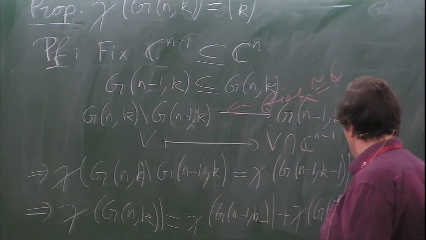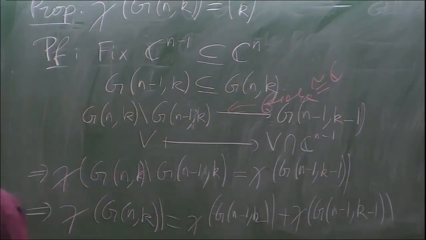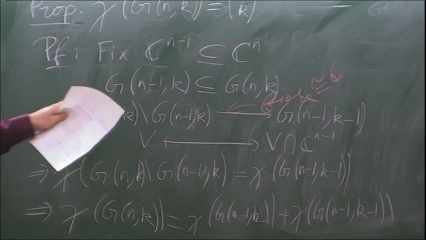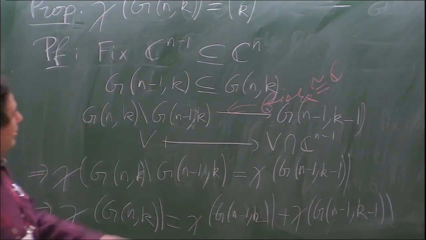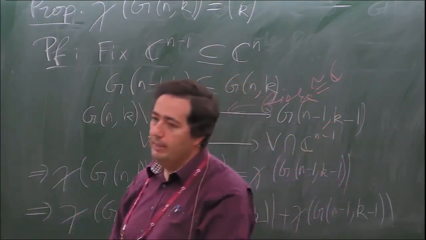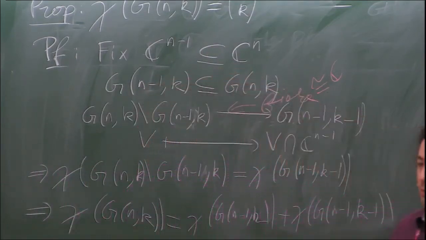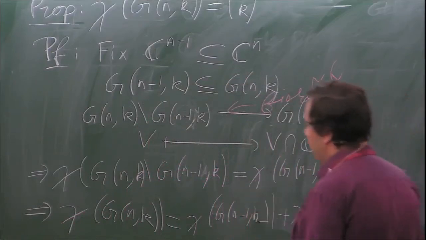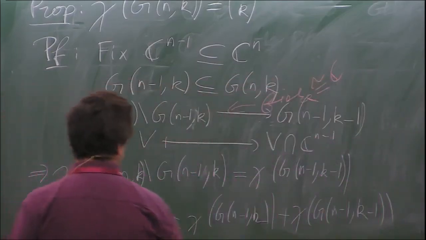And here you recognize the induction formula defining n choose k. And you just need to check that if n equals k, there is only 1 point, therefore Euler characteristic 1. And if k equals 0, there is also only 1 point. Then, yeah, it satisfies a good induction relation.